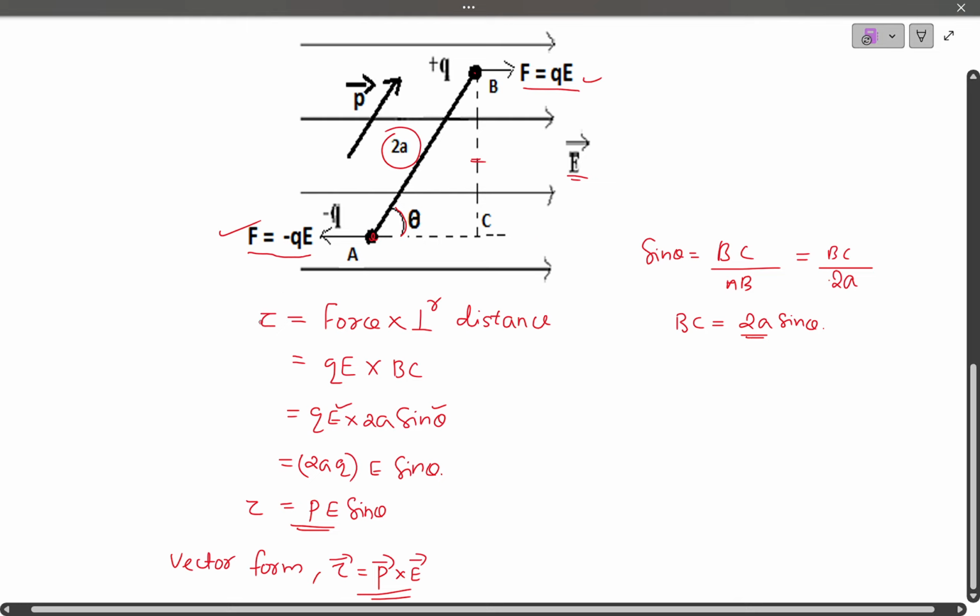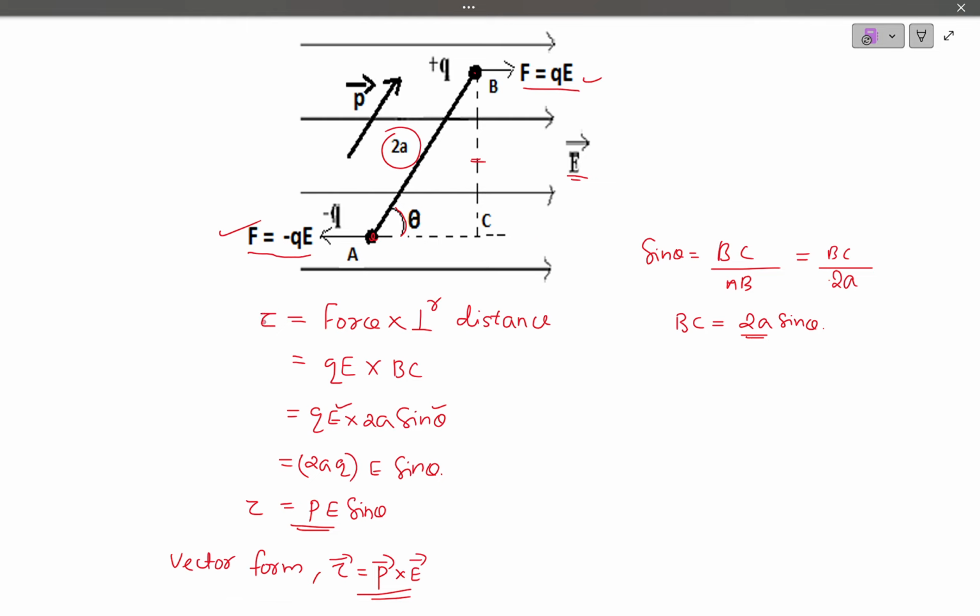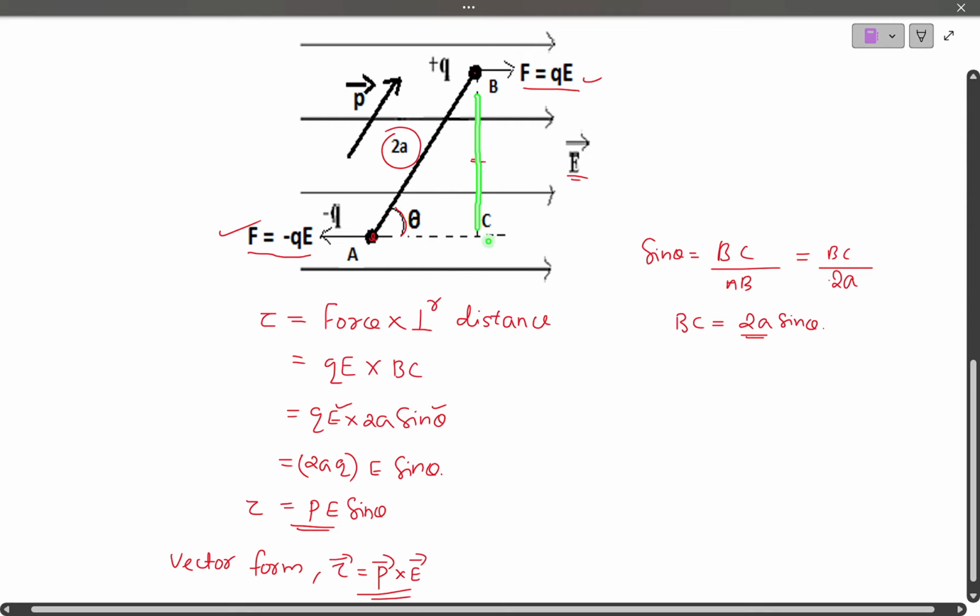So here first we wrote the torque expression, force into perpendicular distance, that is equal to QE into perpendicular distance, which is this BC, and from this triangle we find out sine theta. Sine theta is BC by AB, and BC by AB is the separation between two charges, that is 2A.